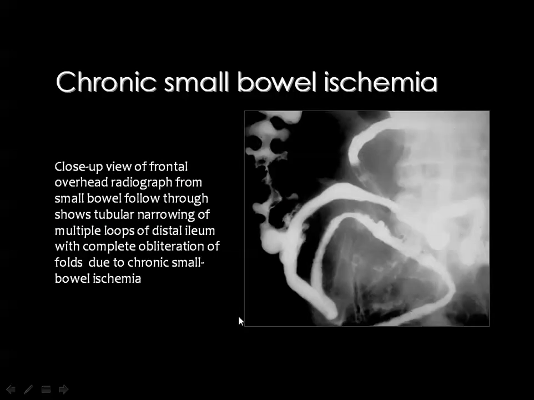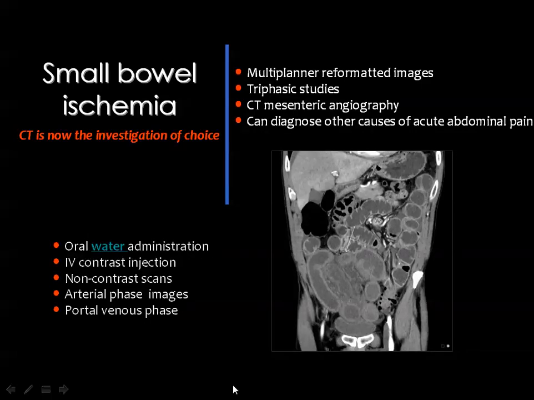Then in chronic cases, there will be mucosal atrophy and narrowing of the lumen, and this is diffuse narrowing of a major sector of the small bowel with a total effacement of the mucosal folds.